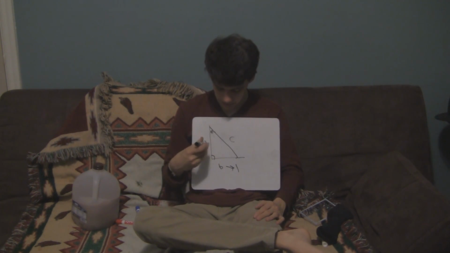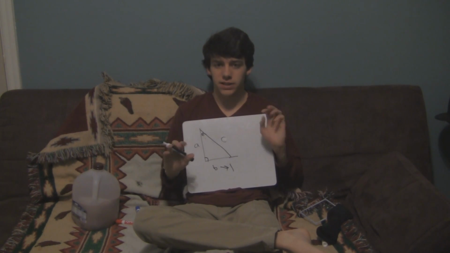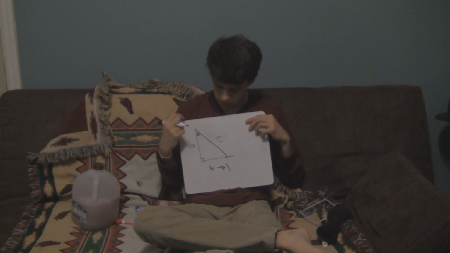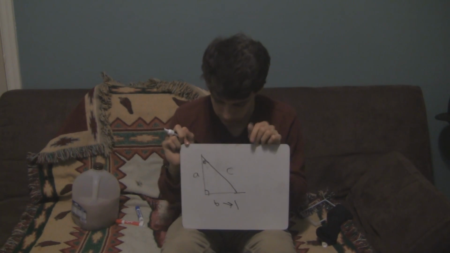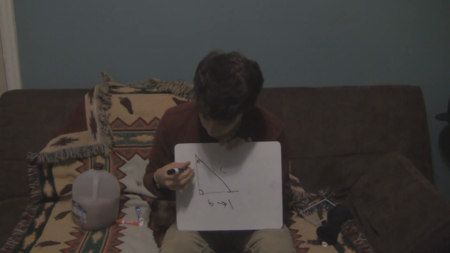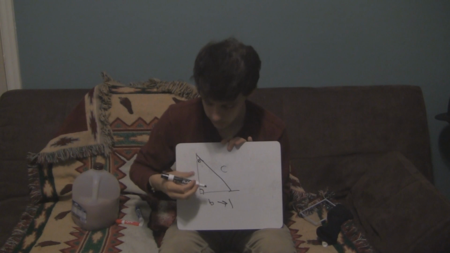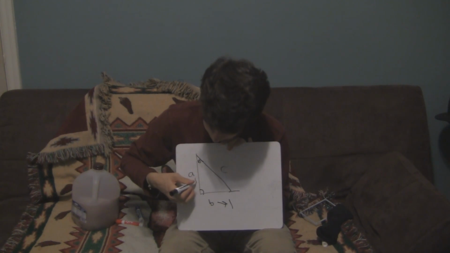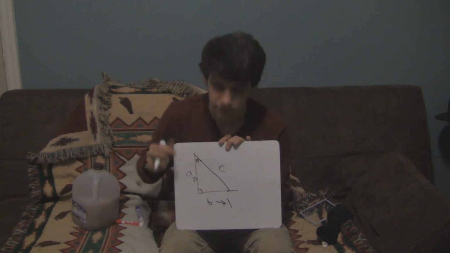So you still have A, B, and C, and B is still moving out at 1 whatever per second. And instead of A falling down, A is always going to stay the same height. Oh gosh, 10. Let's say that A is 10.